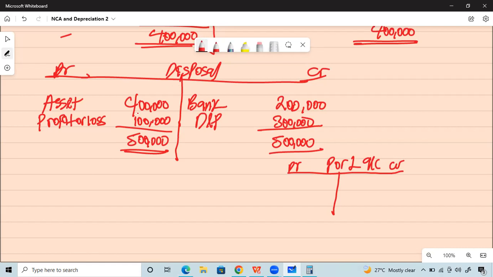So in the disposal account, P&L is on the debit side, and anything on the credit side of the P&L means income.